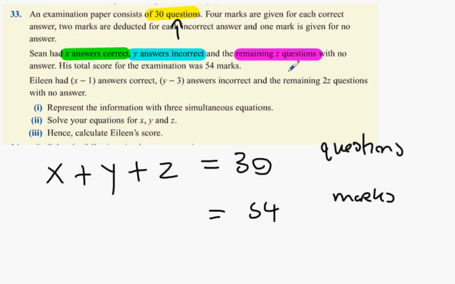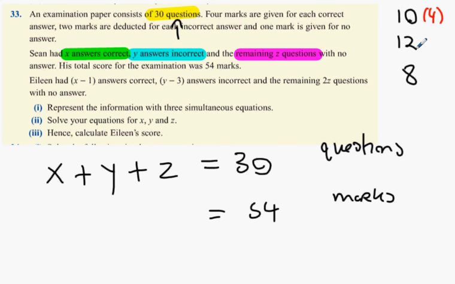If, as an example, you did a test, put yourself in the test's point of view. If you answered 10 questions correctly, 12 questions incorrectly, and 8 questions had no answers, what score would you get? Look at the answers. 4 marks for the 10 questions you got right, so 10 multiplied by 4, 40 marks.